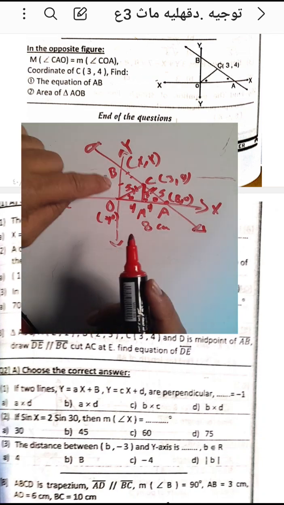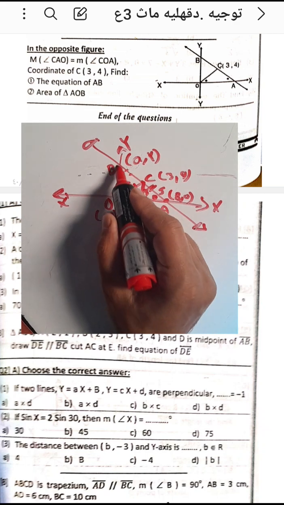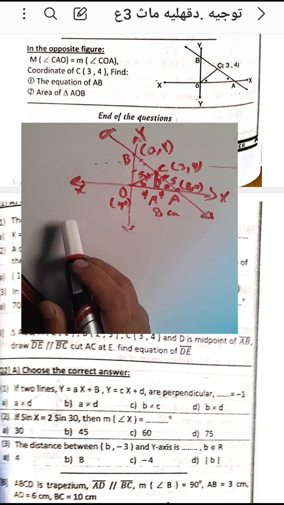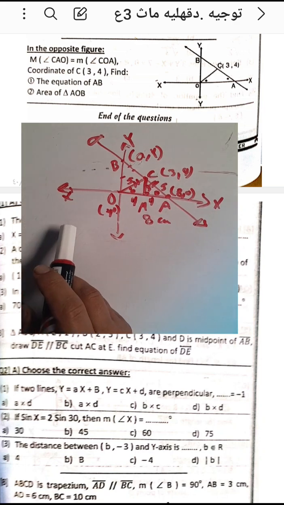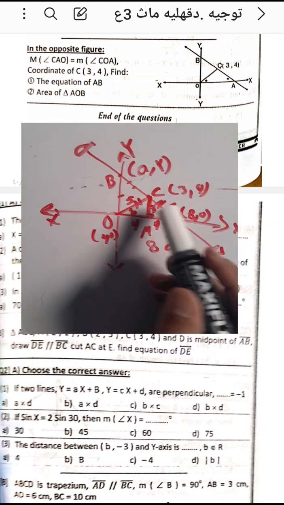X here will be 0, 0 here, 0 and Y. Okay, and they tell us the measure of angle CEO equals COA, isosceles triangle. Then you want to find the equation of EP. To find the equation of EP, you can find the slope of this straight line. And we have 3 and 4. This point lies on the straight line.